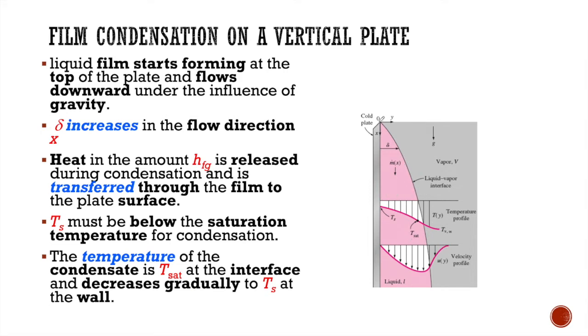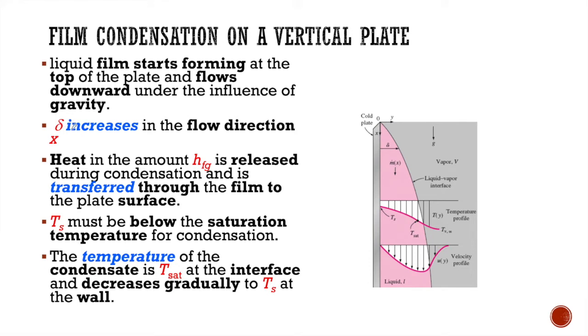The x starts from the top of the solid surface, for example the top of the cup, at x equals 0, and as it goes down, x increases. As we can see, the liquid film thickness increases as x increases. That is what this statement tells us.